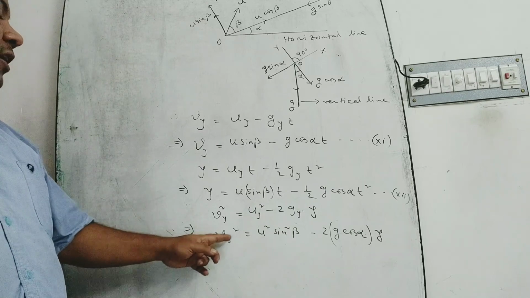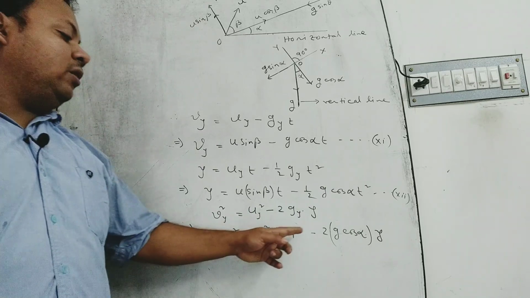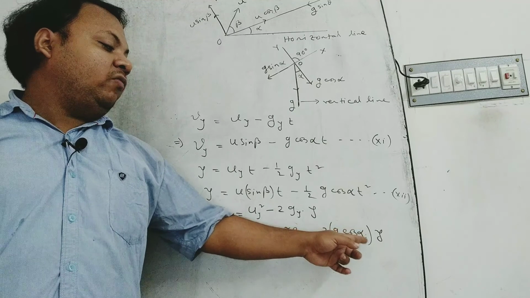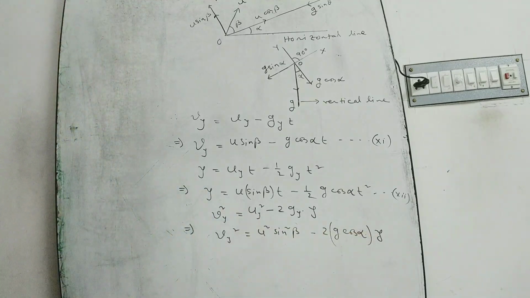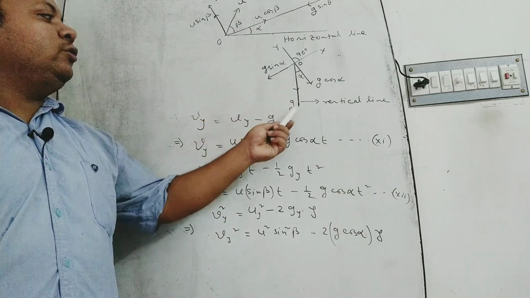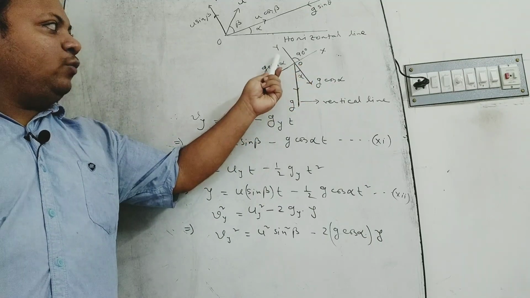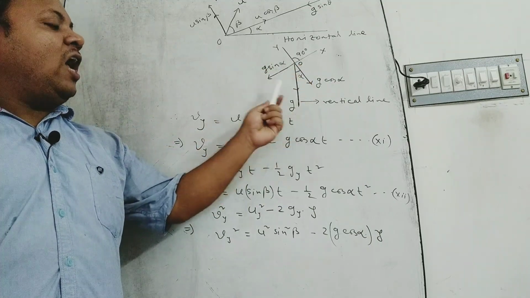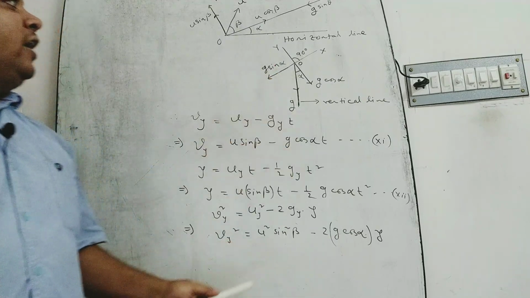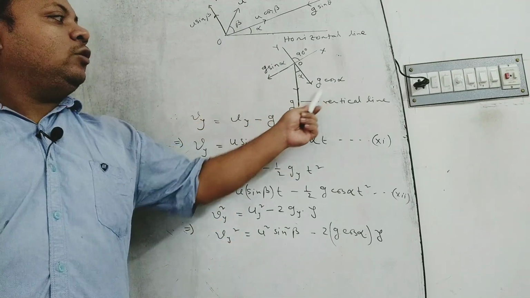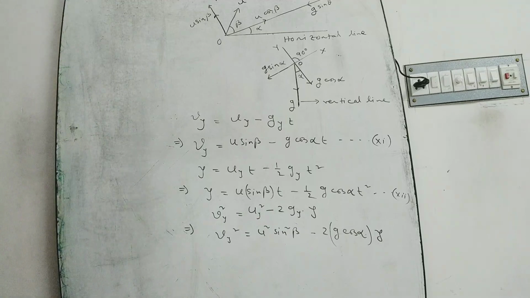This gives Vy square is equal to u square sin square beta minus 2g cos alpha into y. Here the component of acceleration due to gravity along the negative OX axis is g sin alpha, and the component of g along the negative OY axis is g cos alpha. Here alpha is the angle between the inclined plane and the horizontal line.